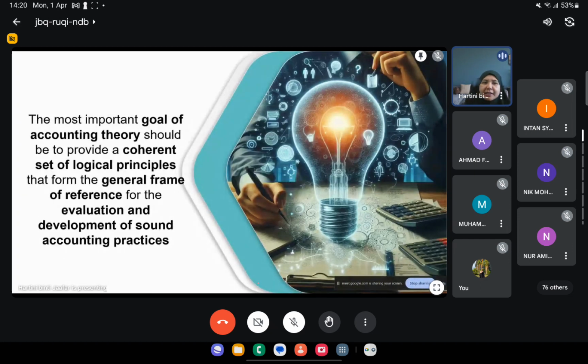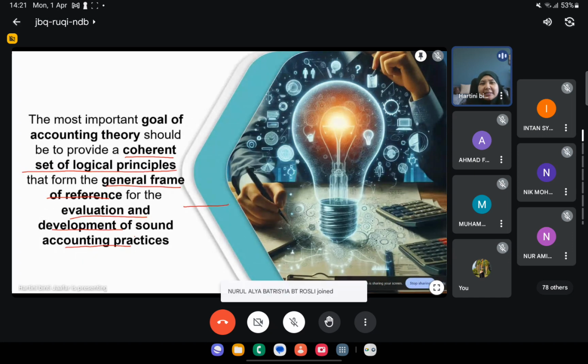Okay, so in accounting, the most important goal is again to provide a coherent set of logical principles that form the general frame of reference for the evaluation and development of accounting practice. We want to evaluate whether there are any gaps in our accounting practices, what else can be done, and as you know, our accounting practice also keeps on changing.